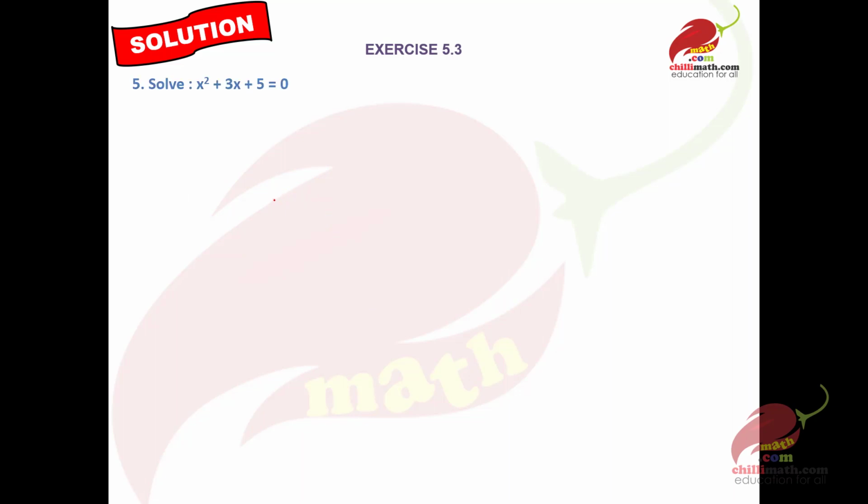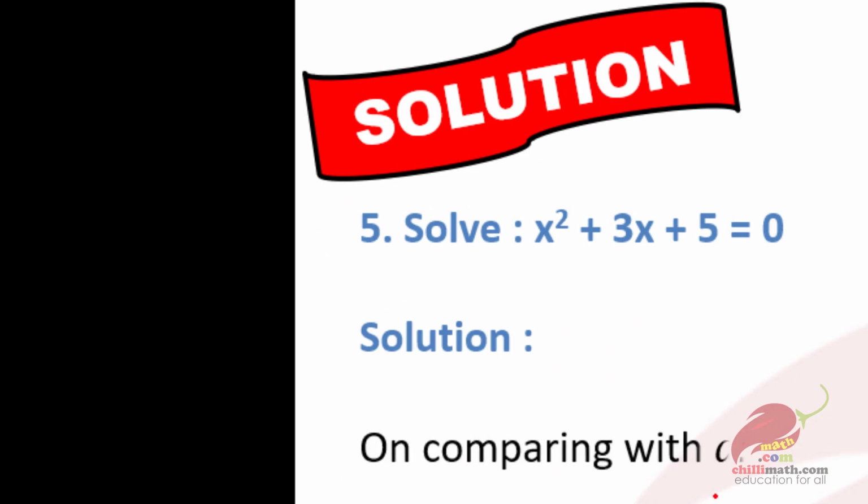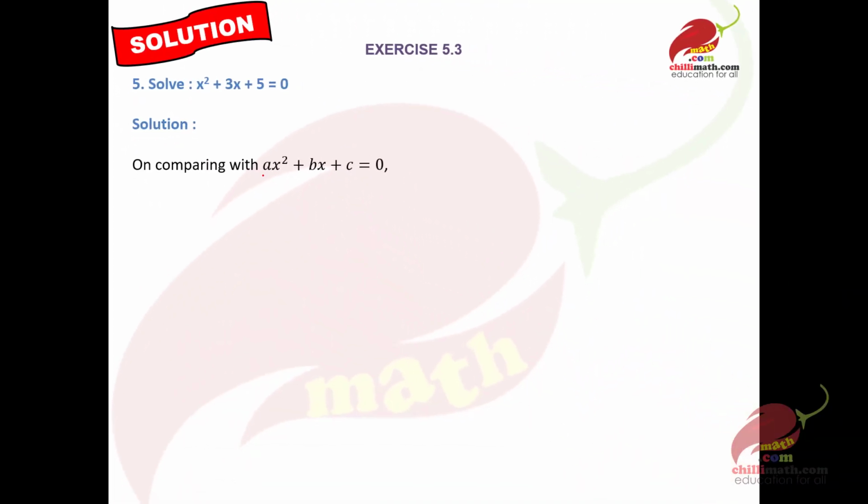Fifth question is solve x square plus 3x plus 5 equal to 0. On comparing with standard quadratic equation, a is equal to 1, b is equal to 3, c is equal to 5. Putting in the formula to find roots, we get x equal to minus 3 plus minus 3 square minus 4, a is 1, c is 5 upon 2a.